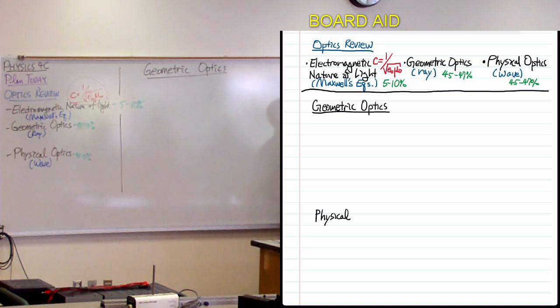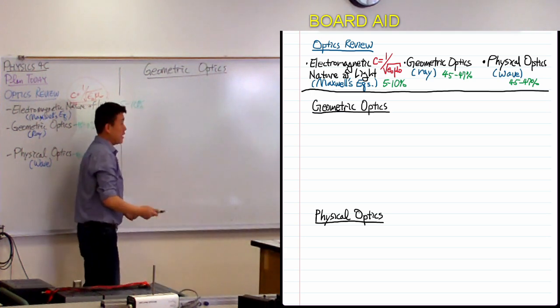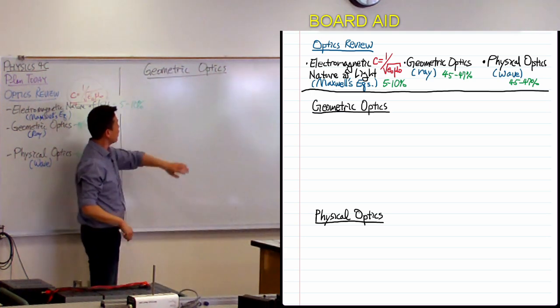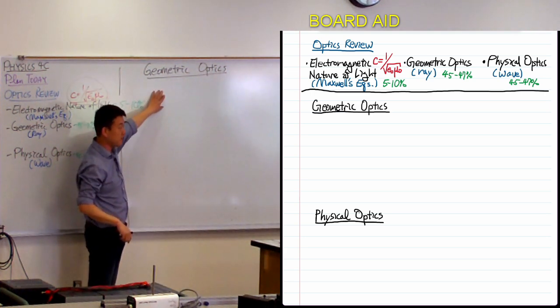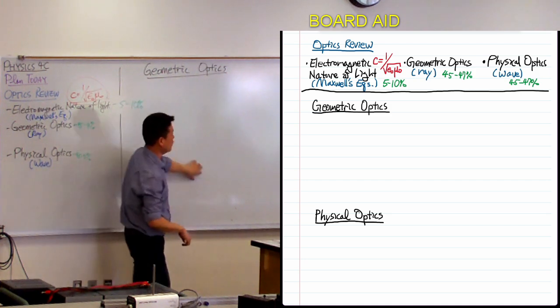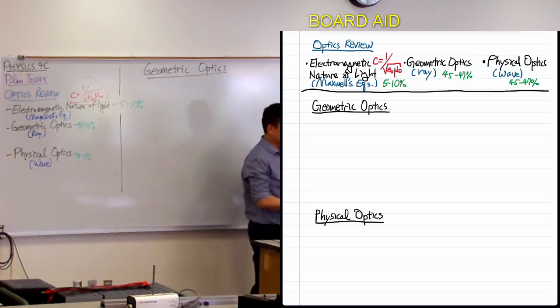And some things will be relevant to both of them. But I guess I'll just go in chronological order. If something mattered in covering geometric optics, then we'll start here, even though later on it'll be relevant to here also.